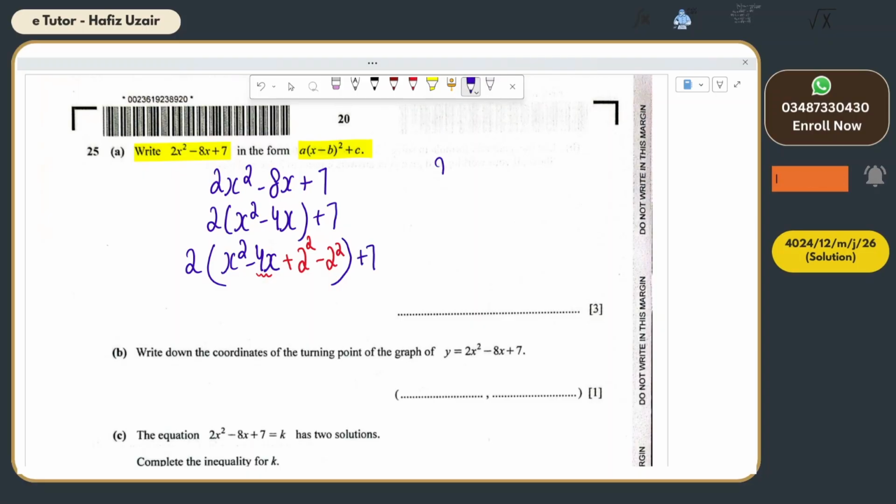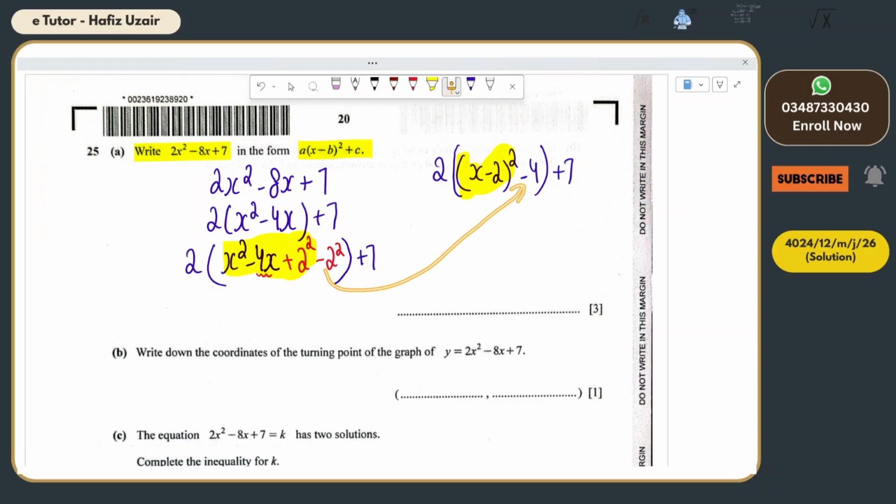So this will produce 2 bracket x minus 2 square minus 4 plus 7. Now these three terms will make x minus 2 whole square. These two things will make x minus 2 whole square, and then this minus 2 square will be minus 4.